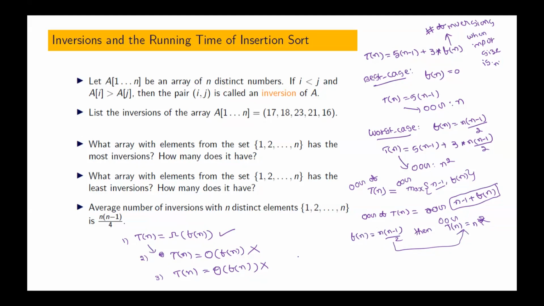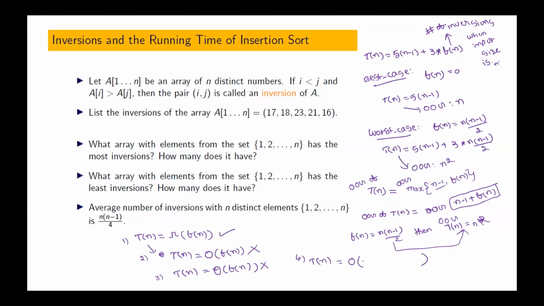Now please give me the correct answer for T of n in terms of big O. N square?